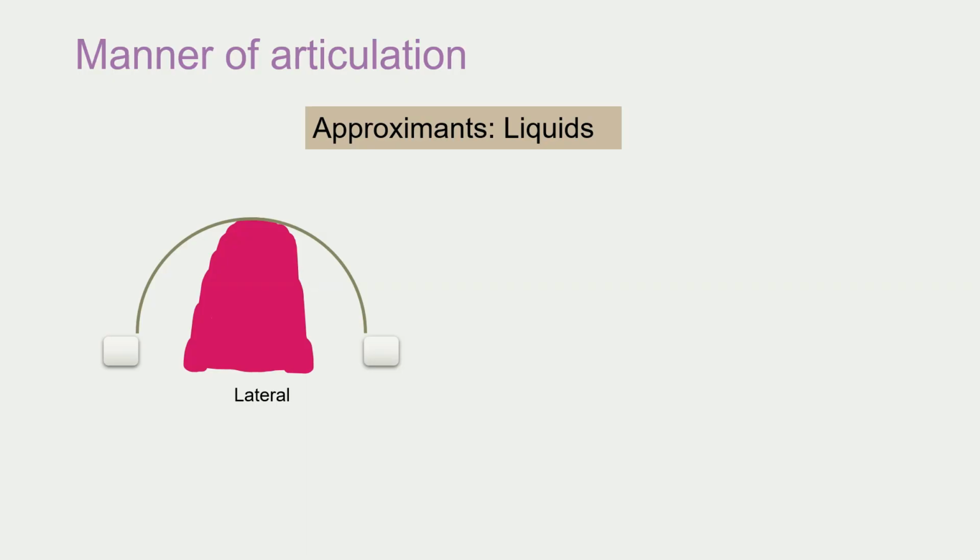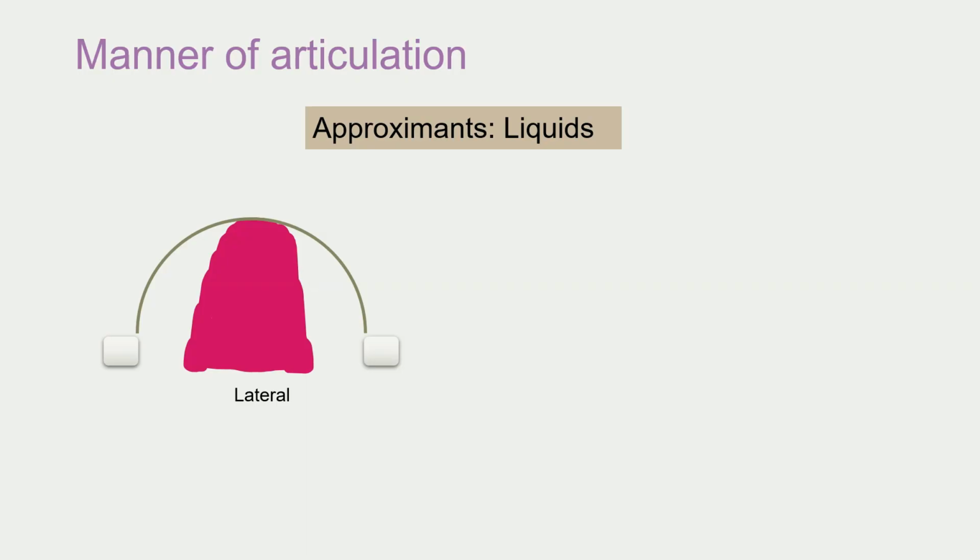In this sound, the tongue actually makes contact with the alveolar ridge, even though the airflow isn't affected because the gap either side of the tongue is big enough to allow the air to flow fairly freely. Now that's a lateral one because the air flows around the outside.